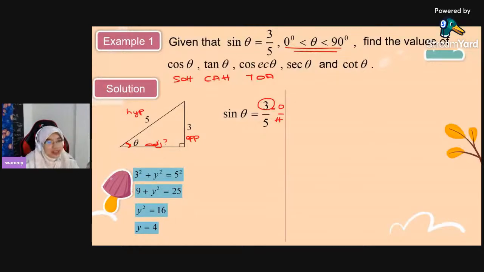So the adjacent is actually equal to 4. Okay, so that is sine theta. But now they were asking for cos theta. So cos is actually adjacent over hypotenuse. So the value for the adjacent is 4, the hypotenuse is 5. Therefore, the cos theta is equal to 4 over 5.